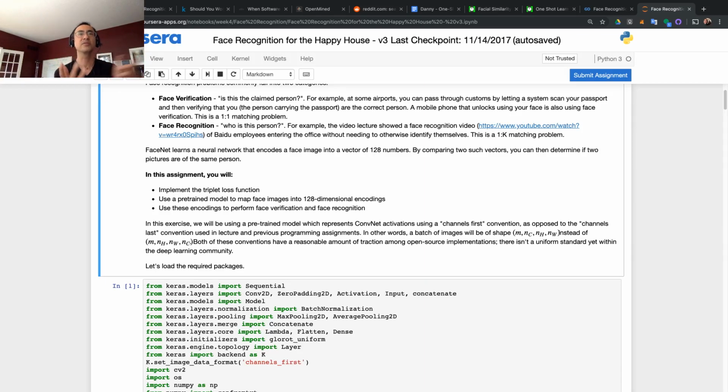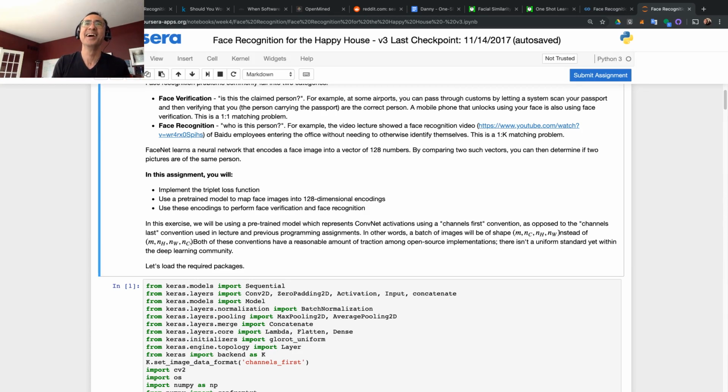That's why it's called negative. And the third photo is called positive, which is the photo that is supposed to match the photo you are comparing from. That's why it's called positive: it's the person supposed to be there, the person the claim says they are.